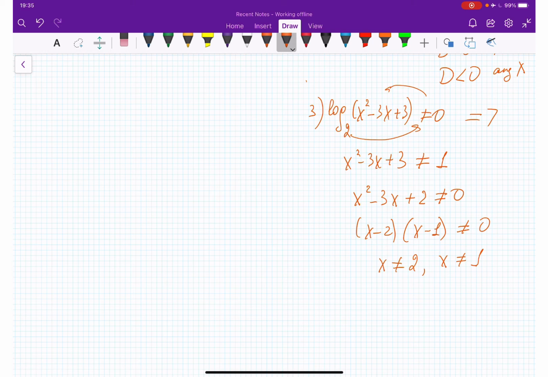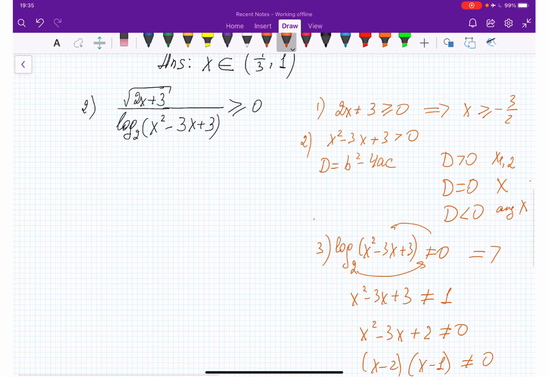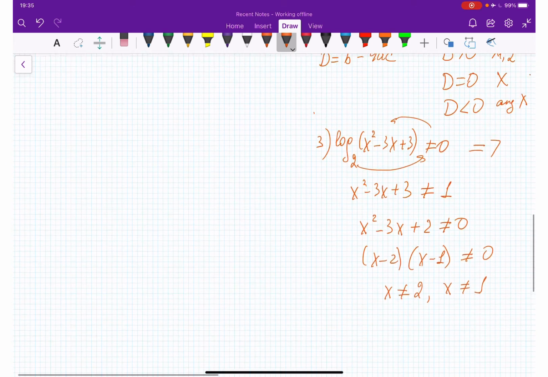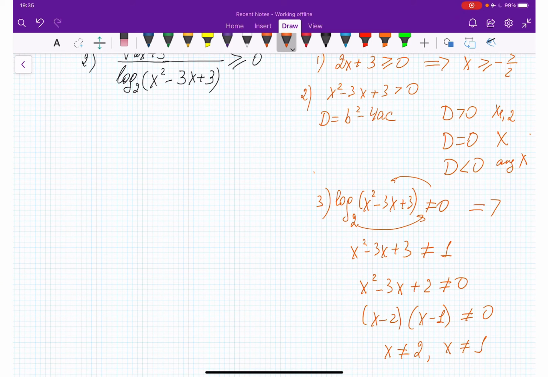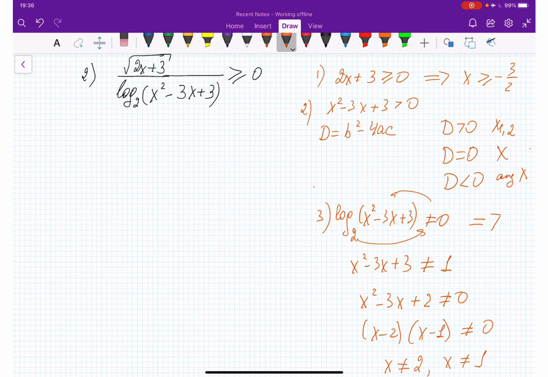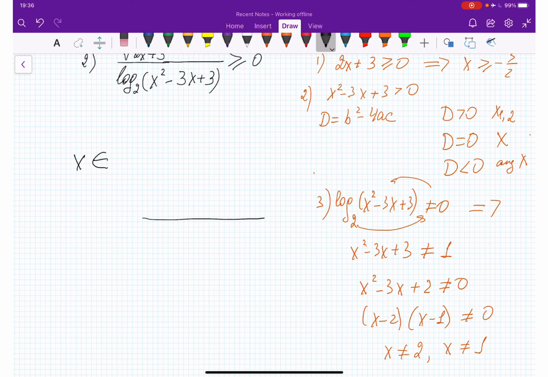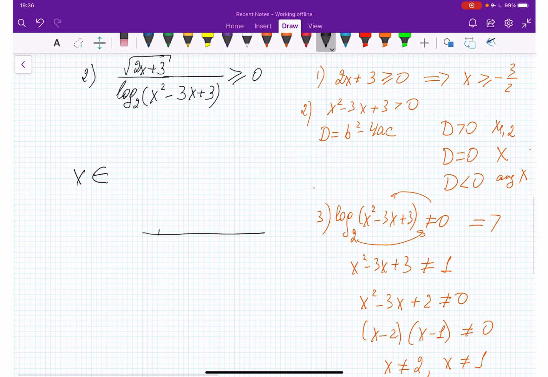So therefore, from all these conditions, we conclude that the domain of definition for this entire inequality is x belongs to, so first one, let me show you here. We have here negative 3/2, right?